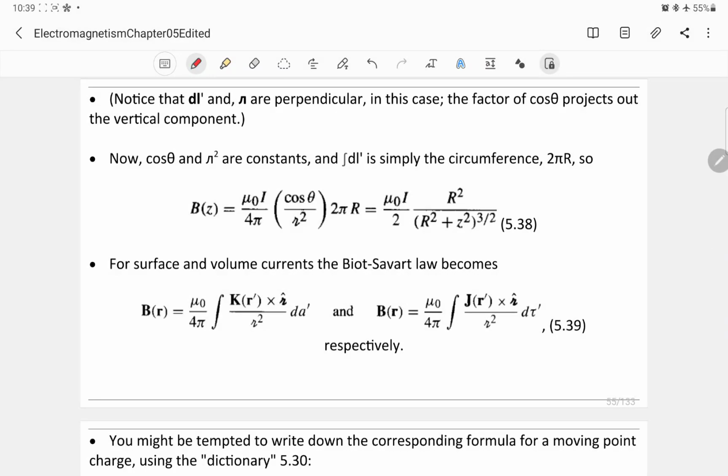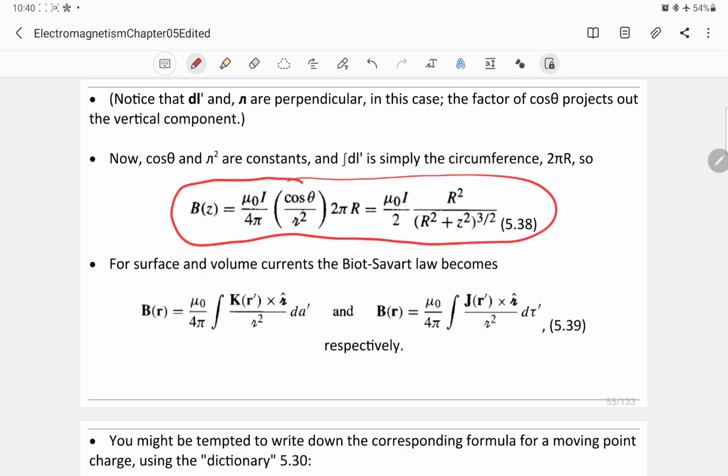In this case, cosine theta and r squared are constants, and so the integral of dl prime is simply the circumference of the loop carrying the current I. So it's just 2 pi r. So in this case, your magnetic field will just have this form.